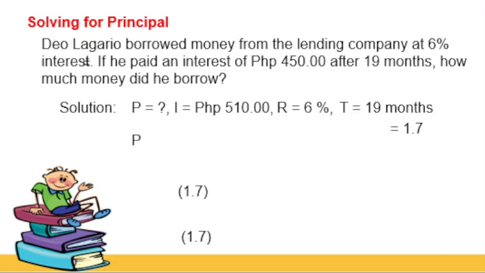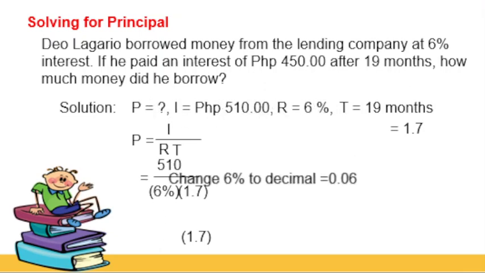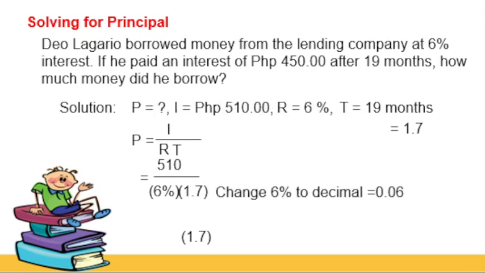So P is equal to interest divided by the rate and the time. Okay, so we have the interest, 510, divided by the 6%, times the 1.7 that came from 19 months. Change 6% to decimal, which is equal to 0.06.